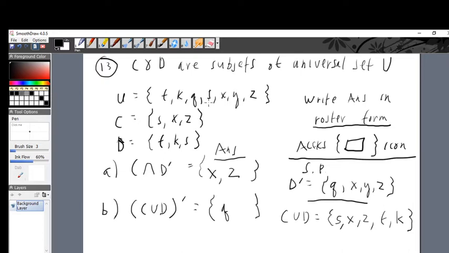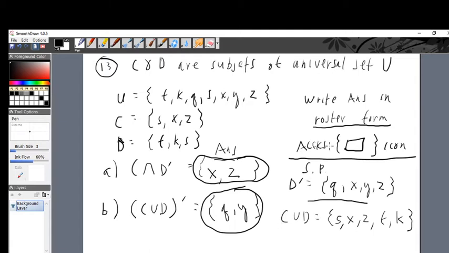It is in there, so we can't take it. What about X? X is in C union D, forget it. What about Y? Y is not in C union D, so we'll take it. And the last one, Z, is in C union D, so we won't take it. So the final answer for this one is Q and Y for 13B and X and Z for 13A. This stuff is over. Problem 13 is over.